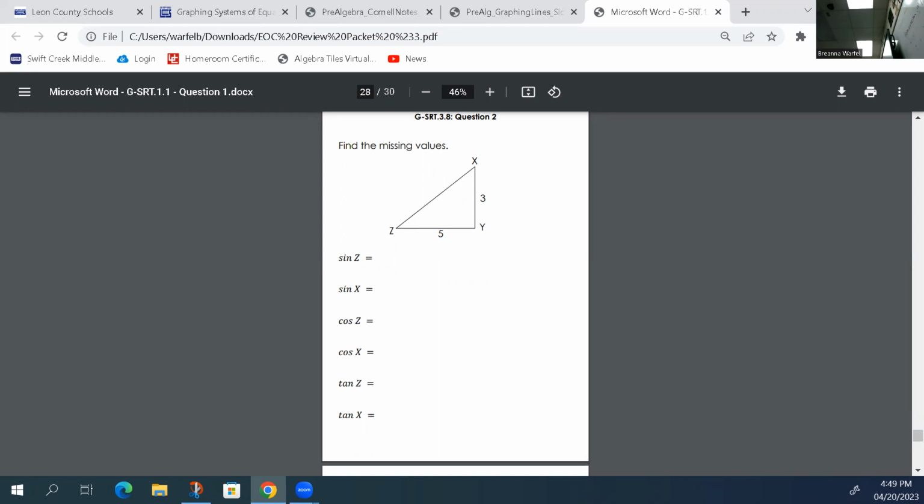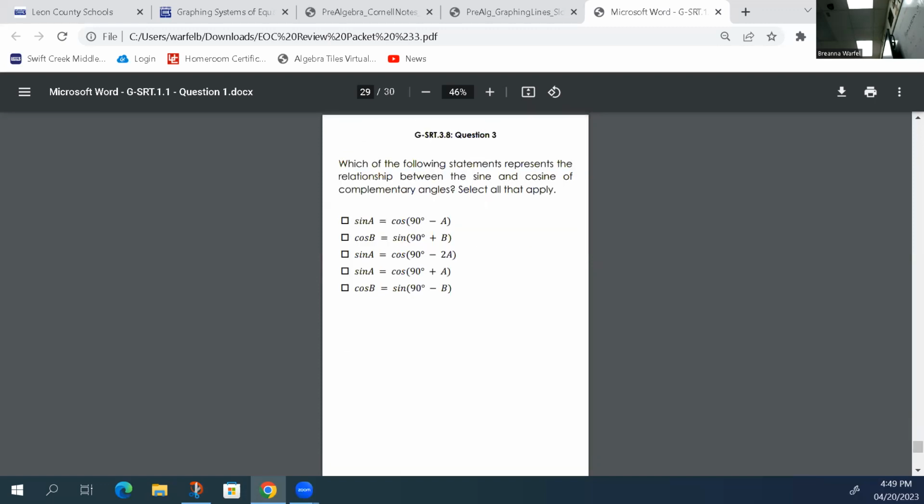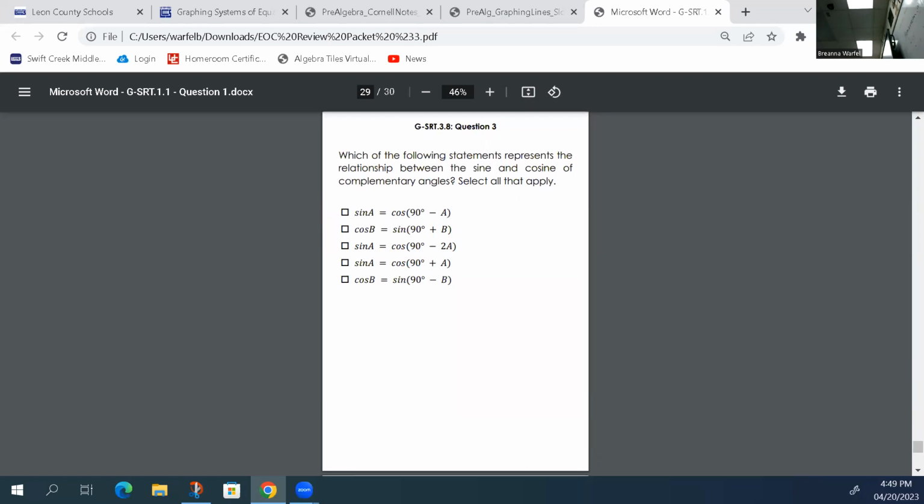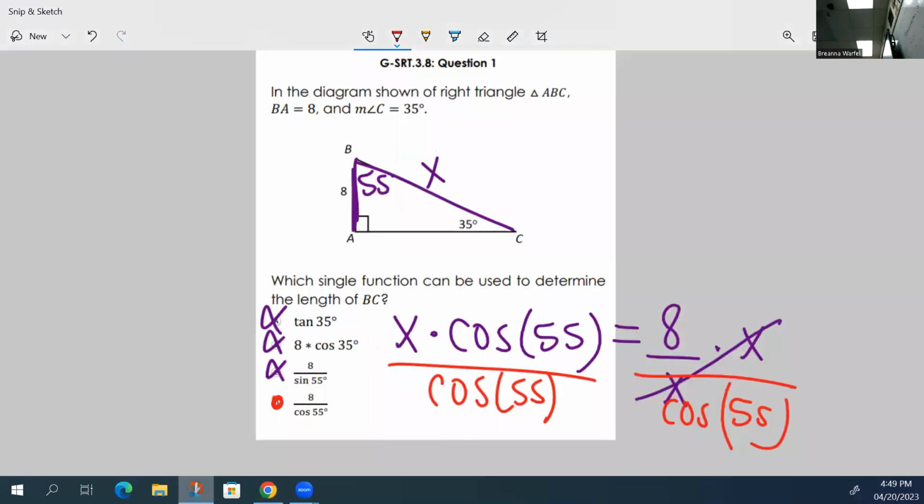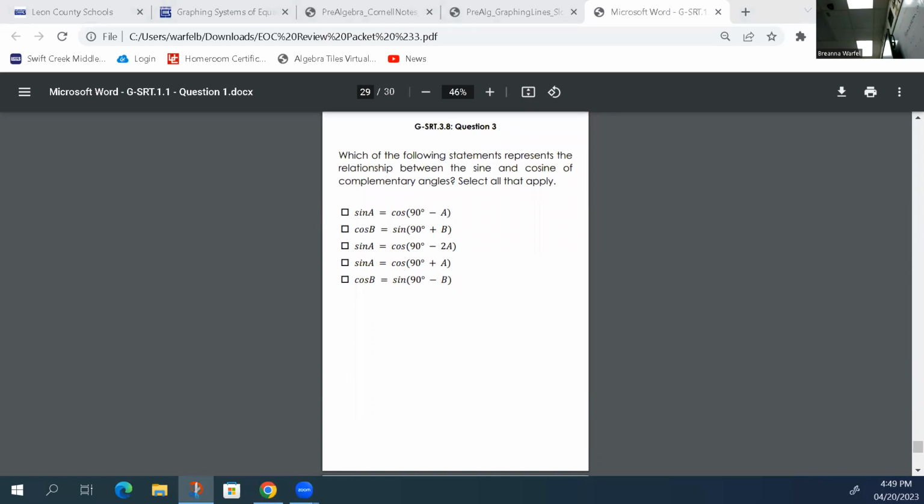You could also call it x if you wanted to and set up those ratios that way. Okay, this one's super important. This is the last one that we're going to do because I have to leave, and hopefully you can do that last one by yourself.